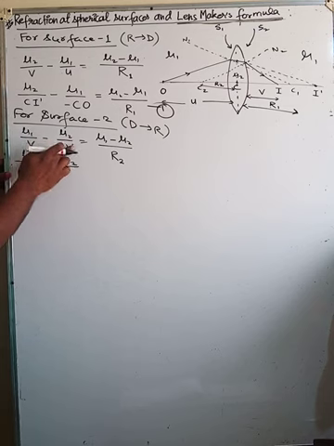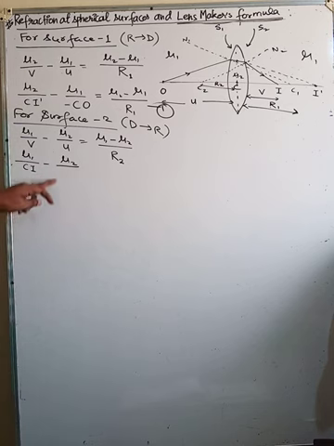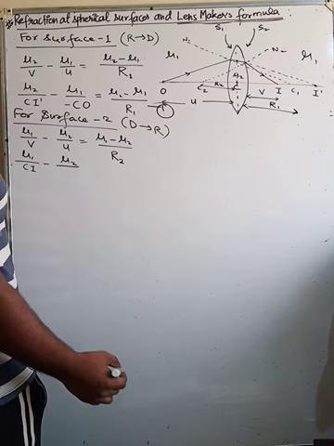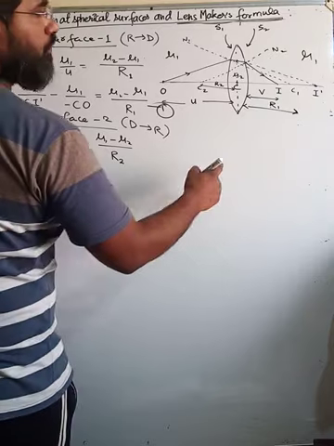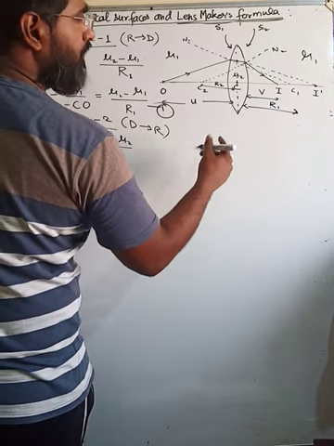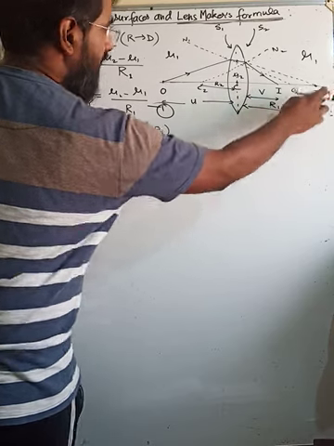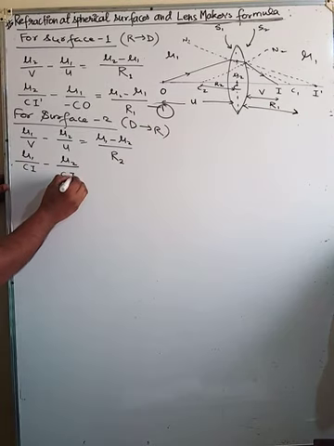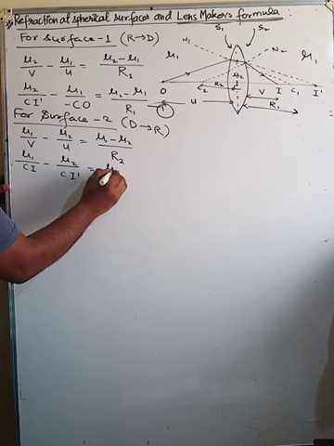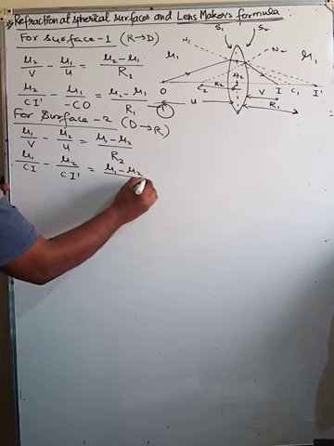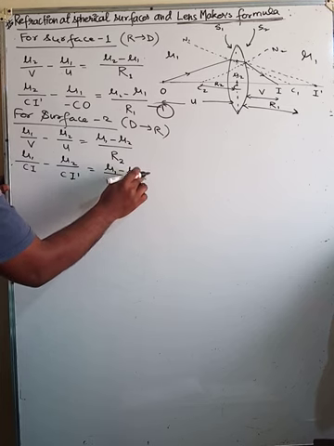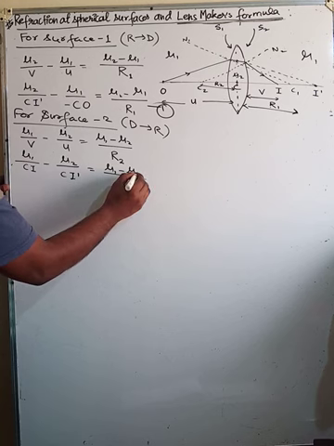And here this is U. What is U? Where is the object kept? For this second surface, the object is at I dash, so we write CI dash, equal to mu1 minus mu2 divided by R2.